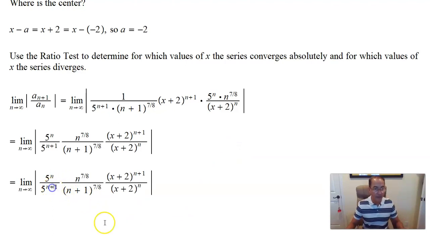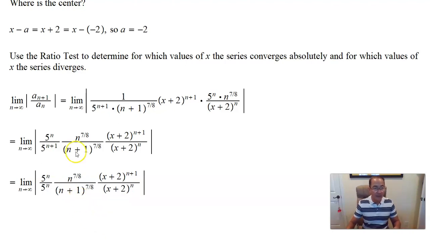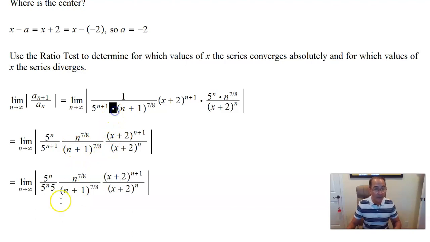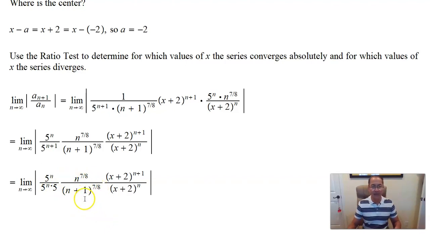That 5 to the n plus 1 is the same as 5 to the n times 5. So let me put a 5 there, and let me borrow the times symbol here. There we go. Now, what about this quotient? Well, let's do this.